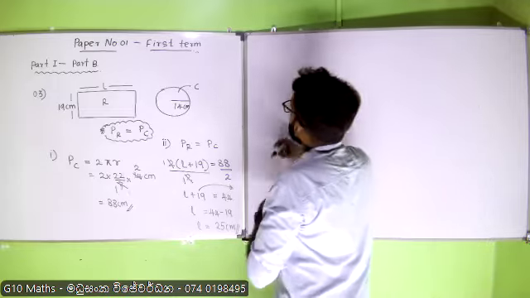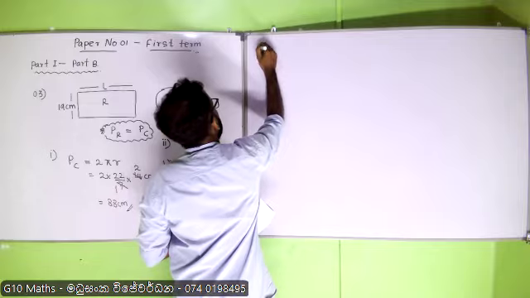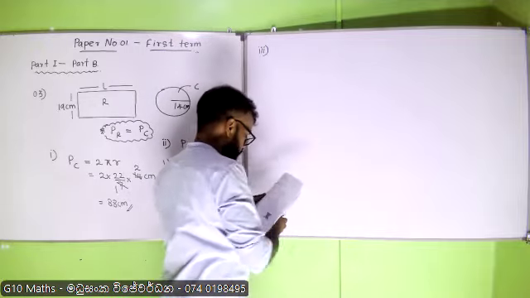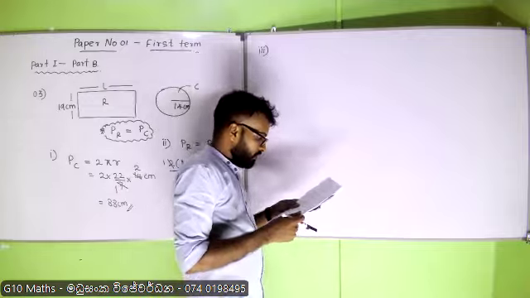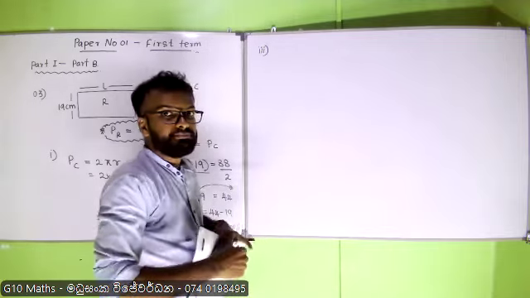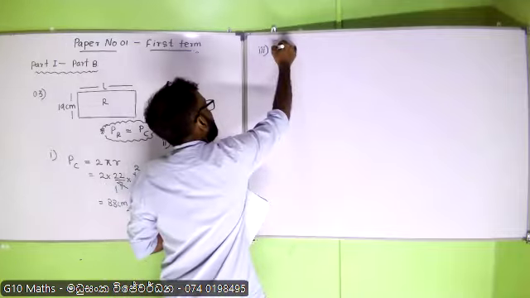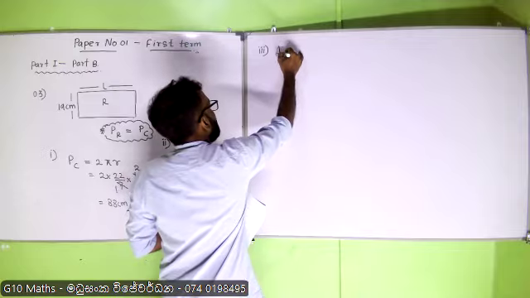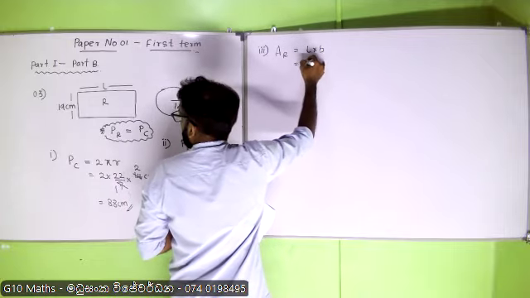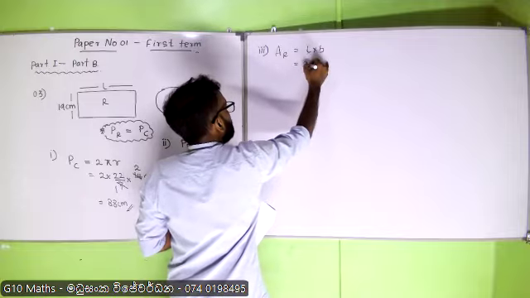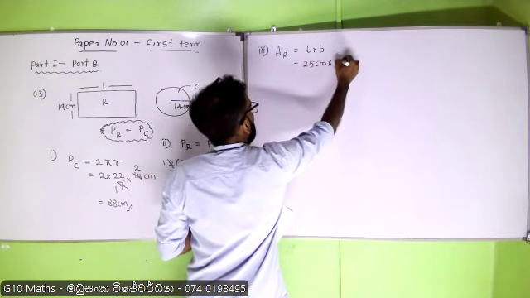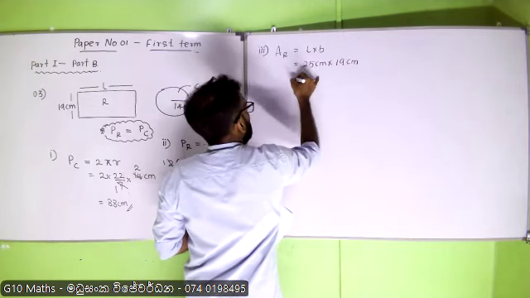Third one. Find the area of the rectangle. You know how to find it: area of the rectangle is length into breadth. Length we have found, 25 centimeters. Breadth is 19 centimeters.